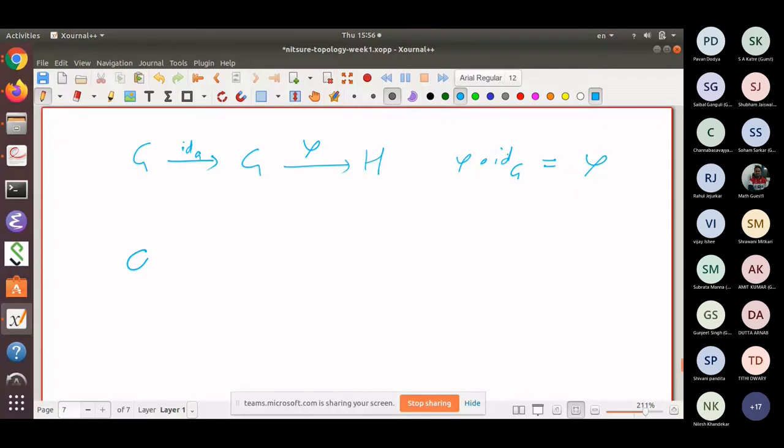This means this identity has this great property of being a right identity. Or if I take some K to G, some psi, and G to G identity of G, then I have identity G composite psi is equal to psi, which means this identity acts like left identity as well as right identity under composition.